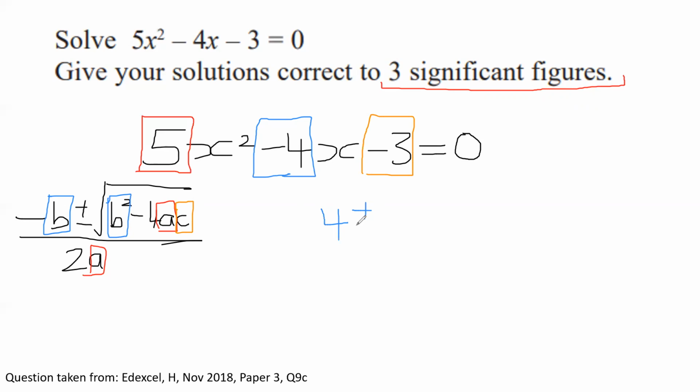Then we have plus or minus, which is what this symbol here means, the square root of b squared, so minus 4 squared is 16, minus 4 times a, which is 20, times minus 3, which would be plus 60 overall. And then the whole thing is going to be over 2 times 5, which is 10. So we can now deal with the 16 plus 60, which gives us 76.